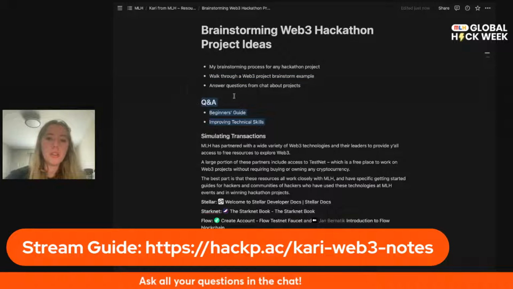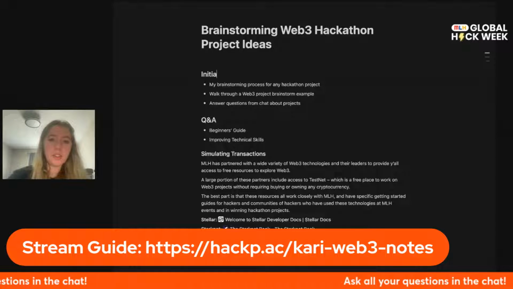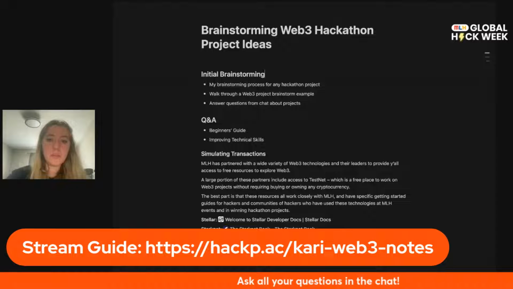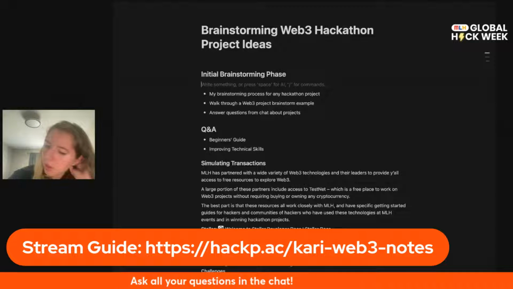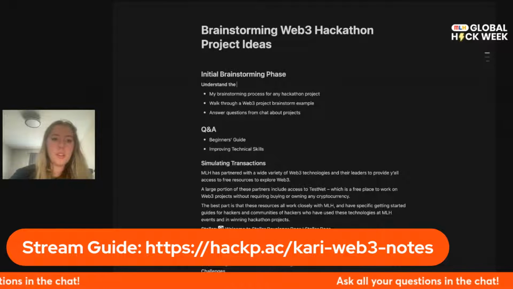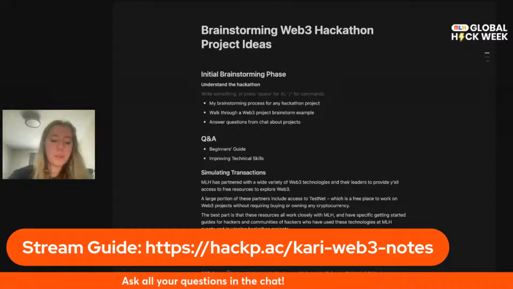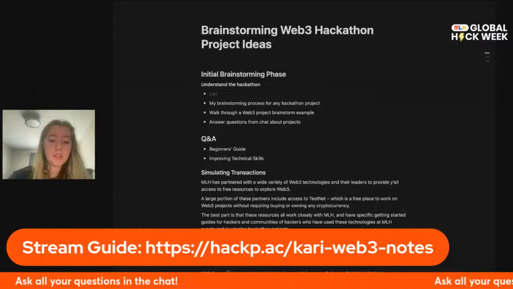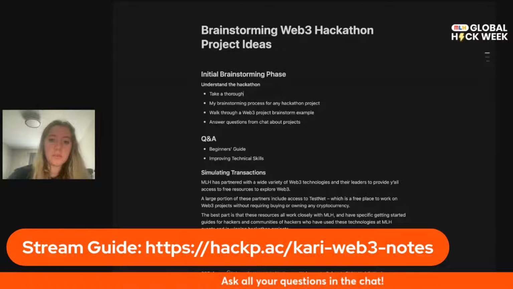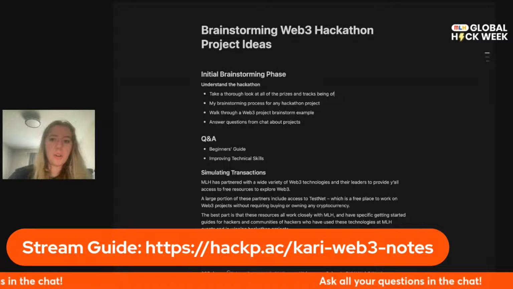Let's walk through the initial brainstorming phase. One of the most common things I recommend to hackers is to understand the hackathon when they're first competing. What I usually mean by that is that I always encourage hackers to take a thorough look at all of the prizes and tracks being offered at the event.